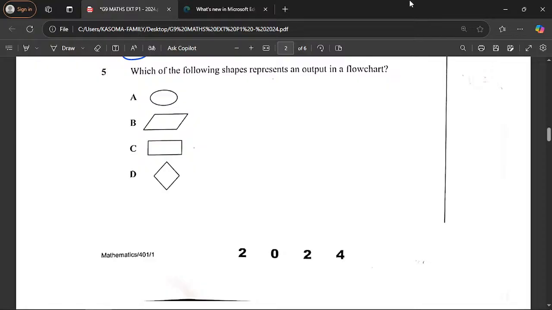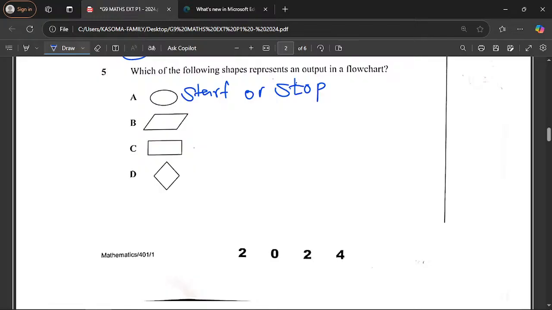Okay, so let's start. A, we have got the oval shape. This oval shape is either start or stop. Please, if my handwriting is not all that clear, tell me. Then the parallelogram.